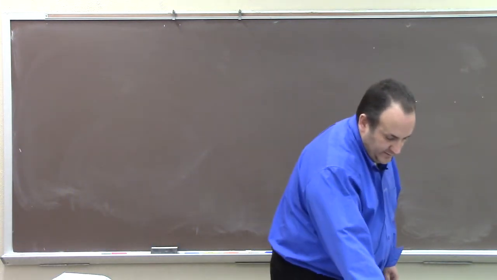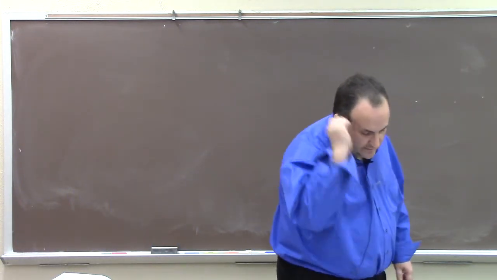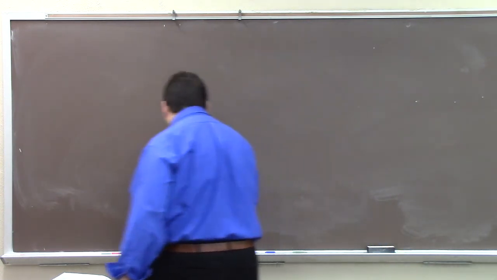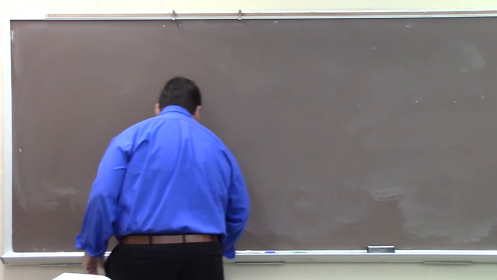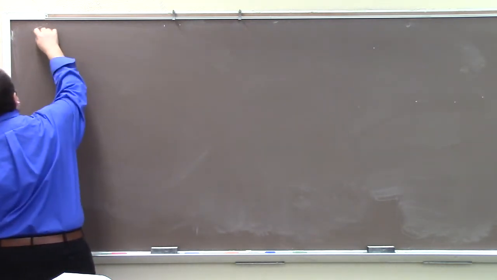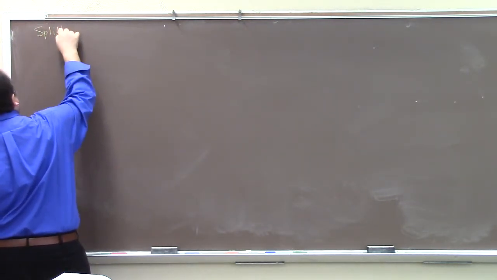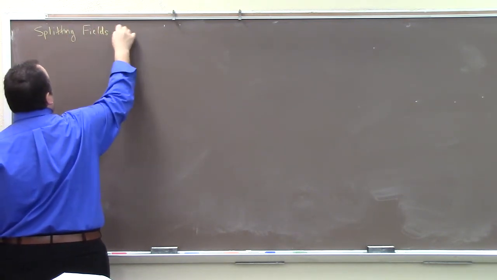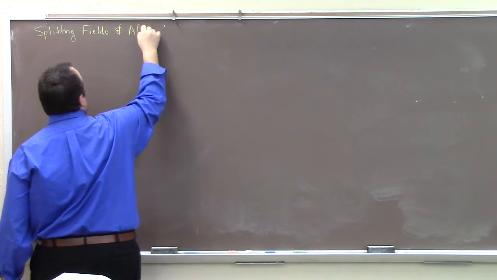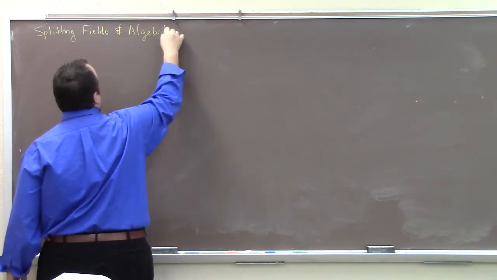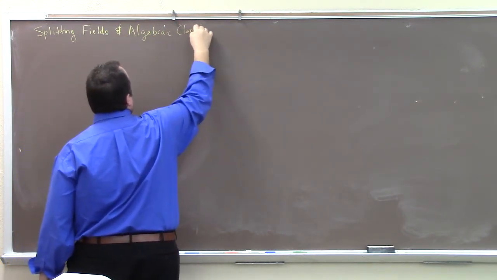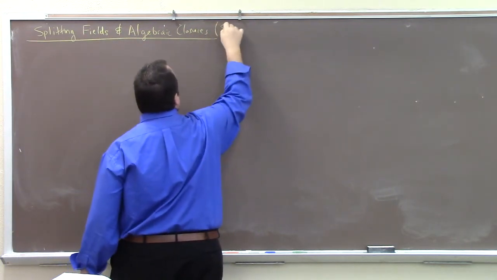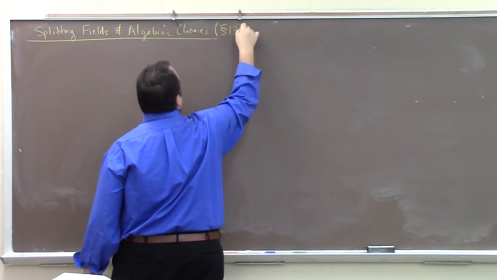So we are into section 13.4, which is on splitting fields and algebraic closures. And before I get into that too much, I'll just say a word about the section we're skipping.